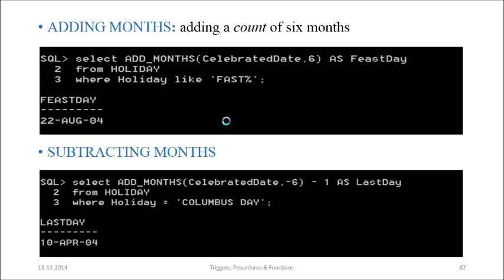So select ADD_MONTHS, celebrated, 6. Here 6 is going to be added as far as the feast day is concerned in the holiday table, so it is printed as a feast day.